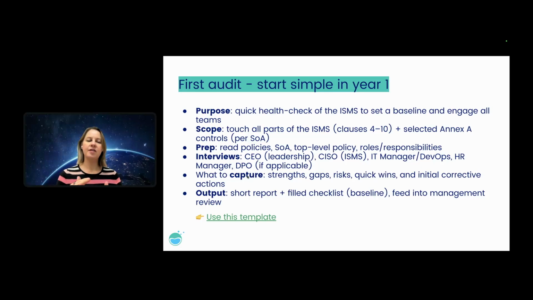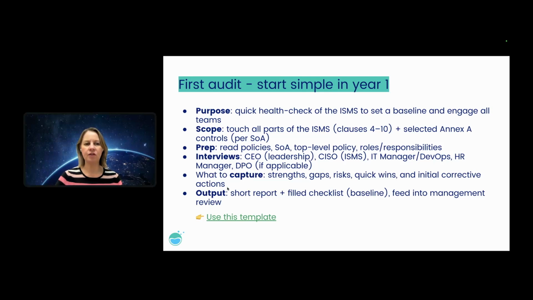And then during the audit, we're going to capture everything that we see, so the evidence, and we're going to look for both the strengths and the gaps and any risk we discover, quick wins, that can be things that can be improved to make things easier in our ISMS, and any corrective actions. So they're called findings and non-conformities in the audit report.